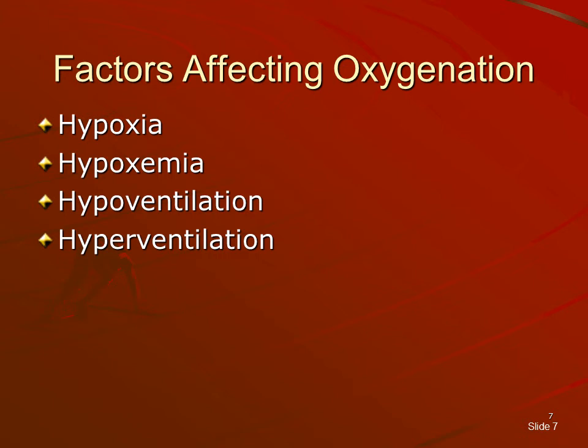Some signs and symptoms of hypoxia include tachycardia or increased heart rate, peripheral vasoconstriction, dizziness, and mental confusion. Treatment may include cardiac and respiratory stimulant drugs, oxygen therapy, mechanical ventilation, so placing the patient on a ventilator, and frequent analysis of blood gases.